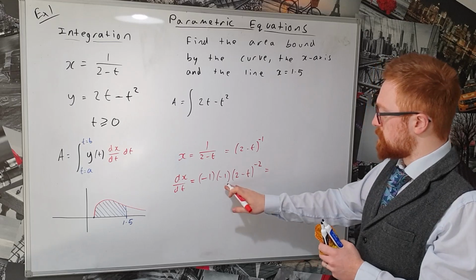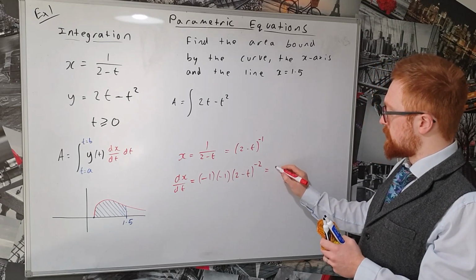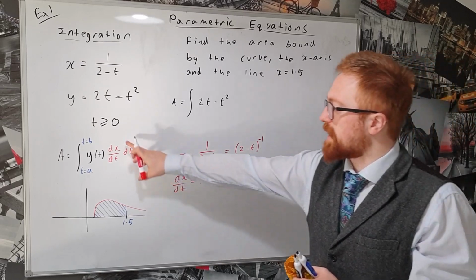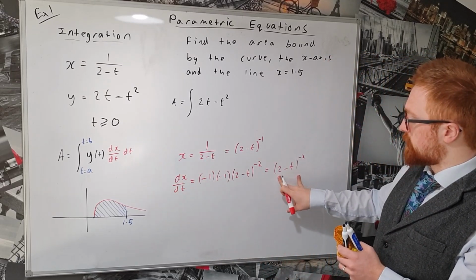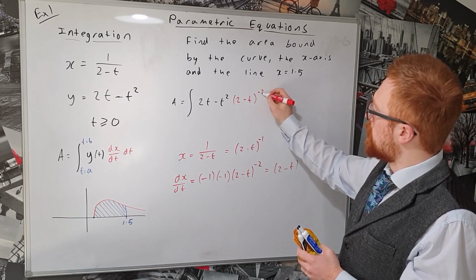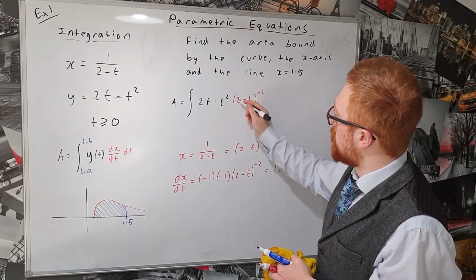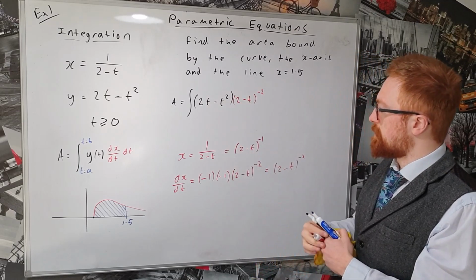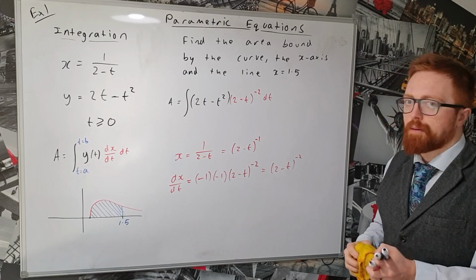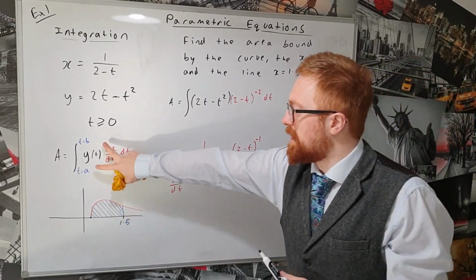So that just gives me 1 times 2 minus t to the negative 2. So dx/dt is 2 minus t to the power of negative 2, and just for clarity, we'll put that in brackets, dt. There we go.